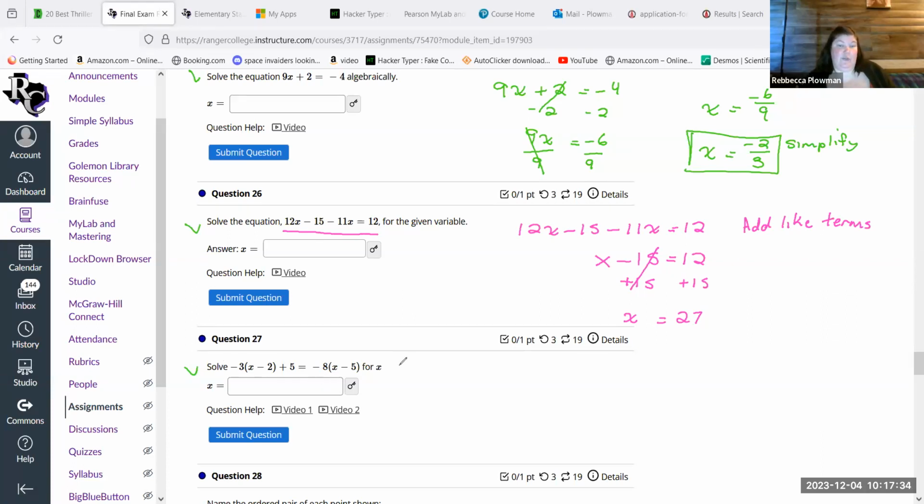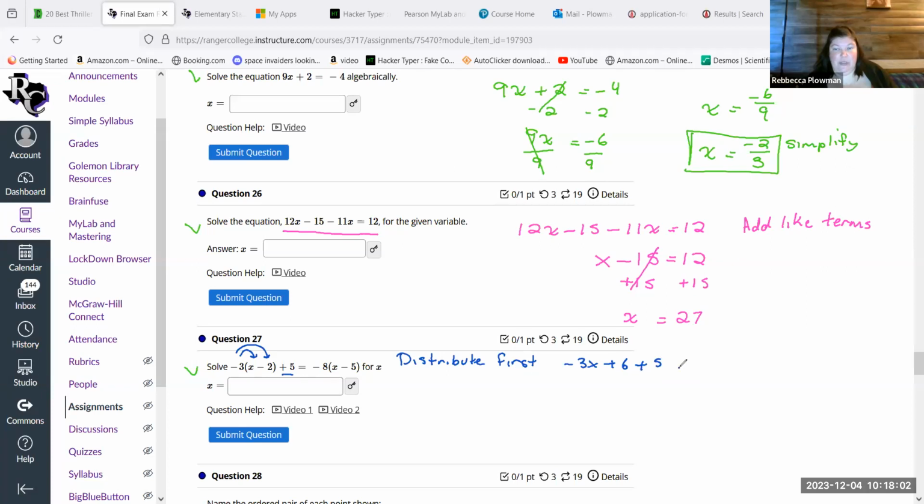All right, so for this one here, when we had parentheses and all that, we wanted to distribute first. So we just keep distributing here. -3 times x is -3x, -3 times -2 was +6. And then we just keep that 5 here.